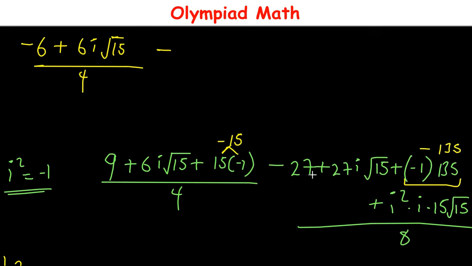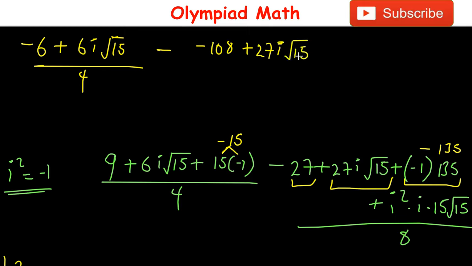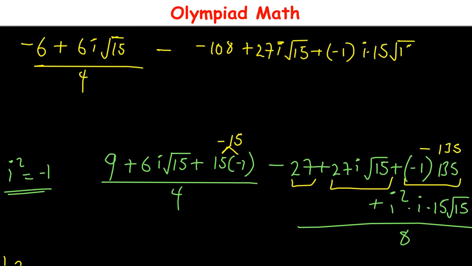Minus 135 plus 27 is equal to minus 108. Then plus 27i times root 15, then plus i squared. I squared is minus 1, so we have minus 1, then i times 15, then times square root of 15 divided by 8.